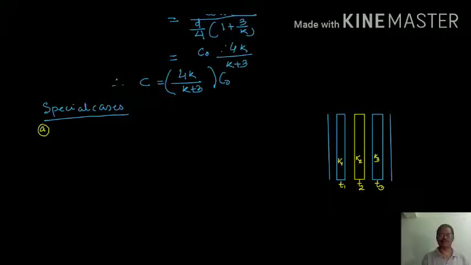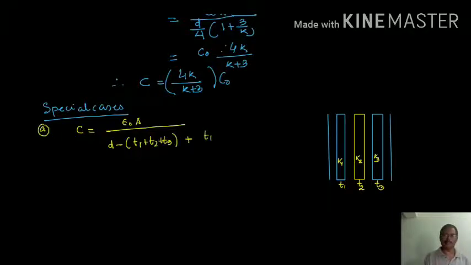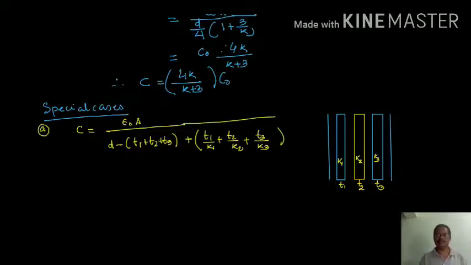Then its capacity is given by C equal to epsilon 0 A by (d minus (t1 plus t2 plus t3) plus t1 by K1 plus t2 by K2 plus t3 by K3). So this is the expression for capacitance of the capacitor having three different dielectrics.